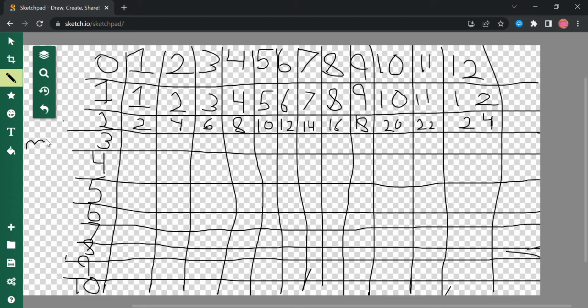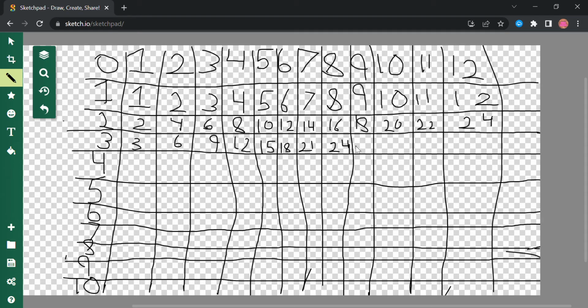Well, 3 times 1, we already know the 1 trick for that, so 3 times 1 is 3. 3 times 2 is 6. 3 times 3 is 9. 3 times 4 is 12. 3 times 5 is 15. 3 times 6 is 18. 3 times 7 is 21. 3 times 8 is 24.